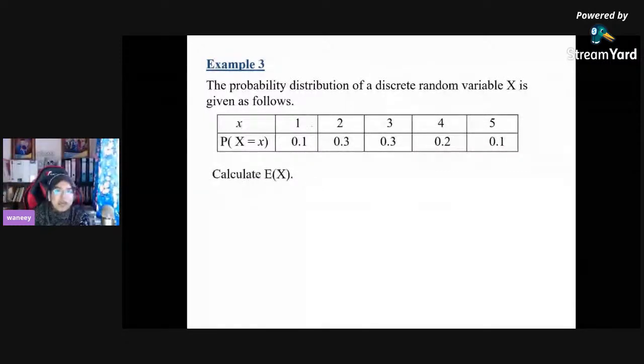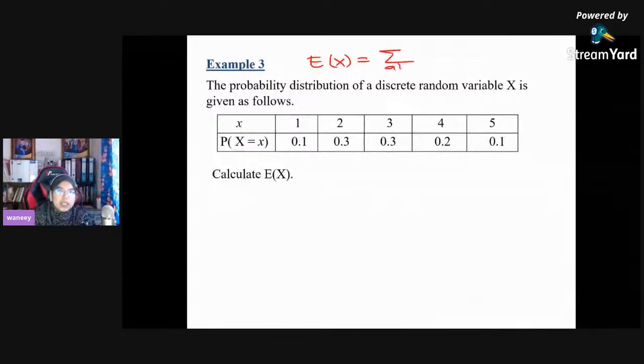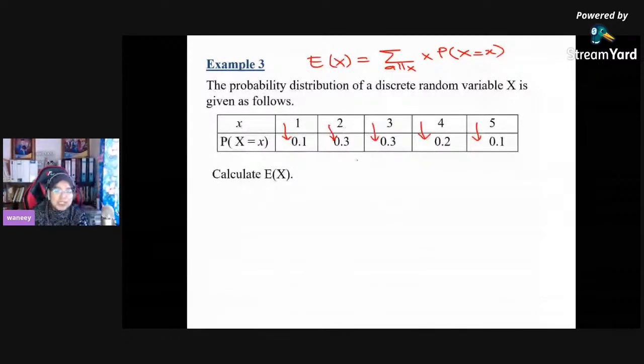The formula for expectation of X is simply the summation for all x of x multiplied with P(X = x). So each x I need to multiply with its own probability, and then bring them together, which means 1 times 0.1 plus 2 times 0.3 plus 3 times 0.3 plus 4 times 0.2 plus 5 times 0.1.